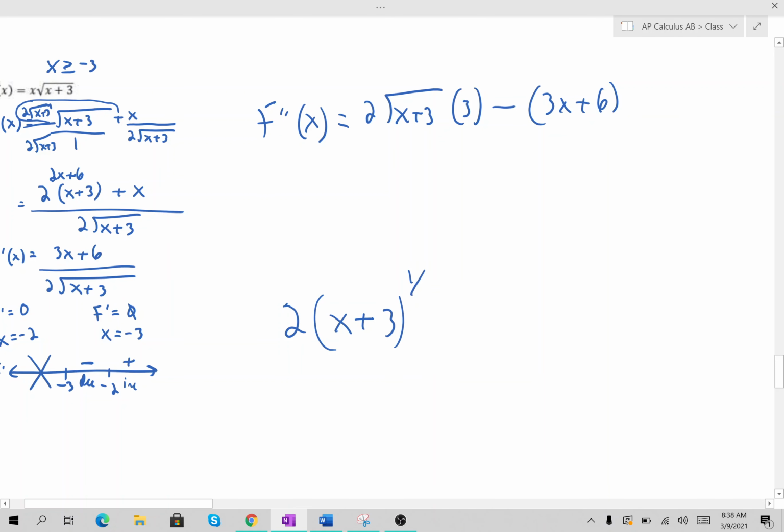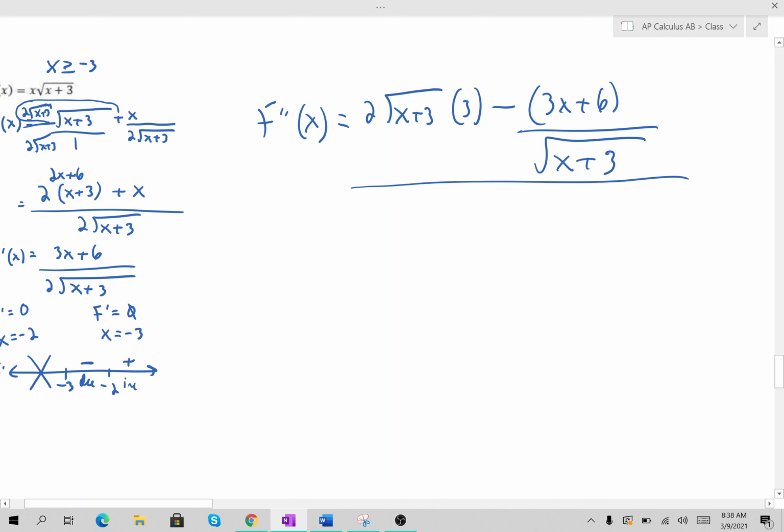So you do a half times 2 and it goes away, and you get x plus 3 to the negative 1/2. That just puts this down the bottom like that. And that's all over the denominator squared. When you square 2 times a root, you square the 2, 4, and square the root.